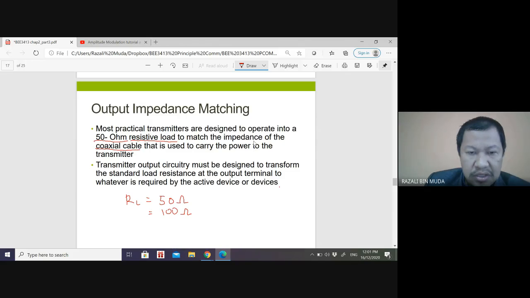So the resistive load is around this area, very low resistance, to match the impedance of the coaxial cable that is used to carry the power to the transmitter. So in the question you normally see the RL given in this range, 50 ohm, 100 ohm, and so on.